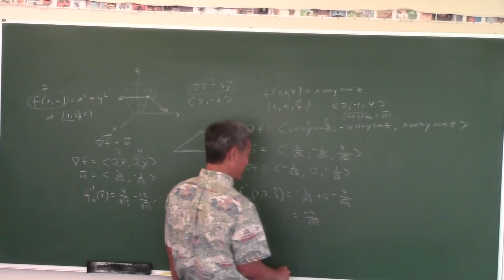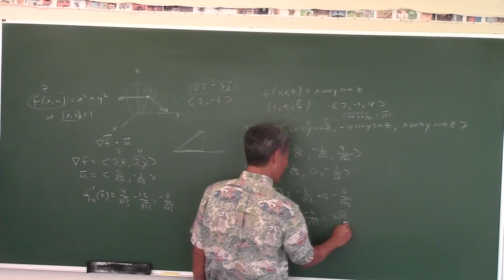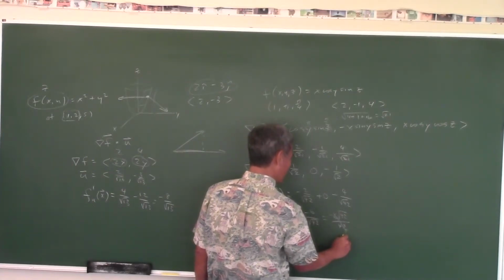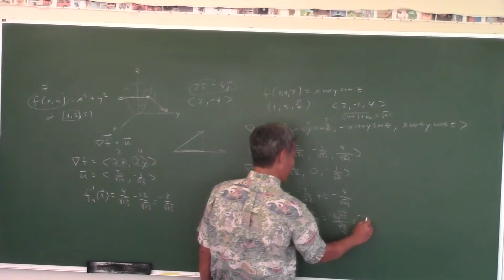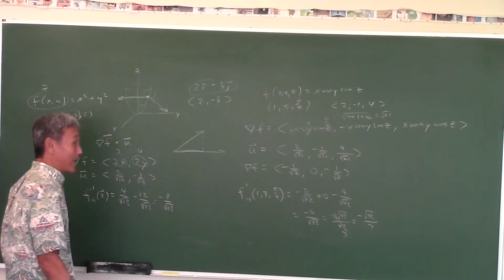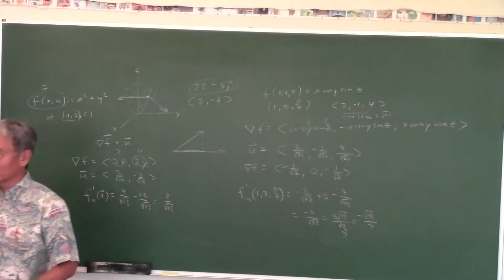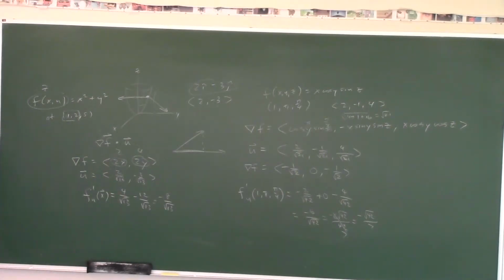And we probably should simplify that to negative 6 root 42 over 42. But 6 goes into 42 7 times. Negative root 42 over 7. And again, it's a number. It's the component of one vector on the other. Okay. See how easy that is?